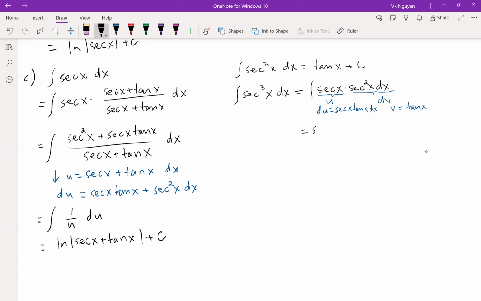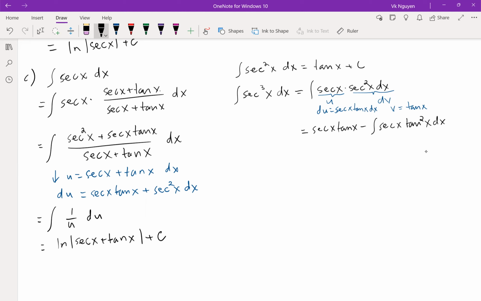So uv is secant x tangent x, minus the integral of v du: secant x tangent square x dx. You get a little tricky here, because when you look at this, you cannot use u substitution, right? And if you use integration by parts, you're going to get a little messy.